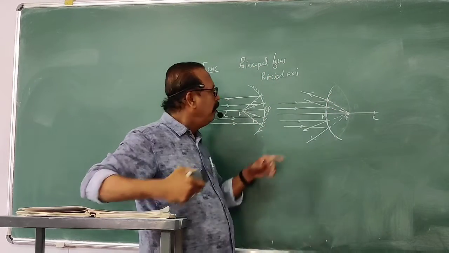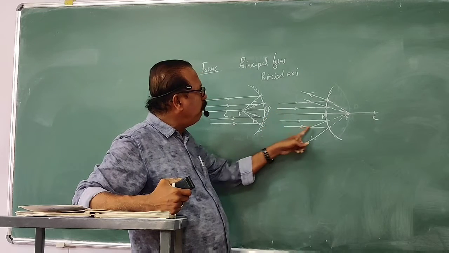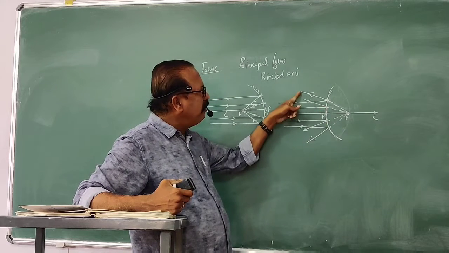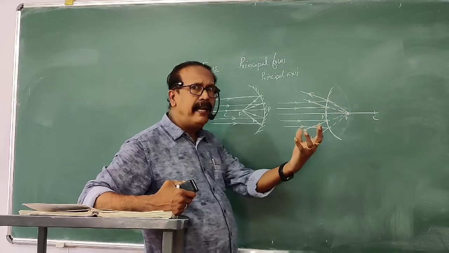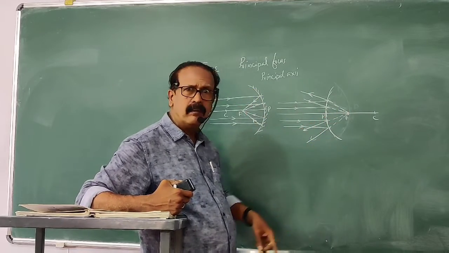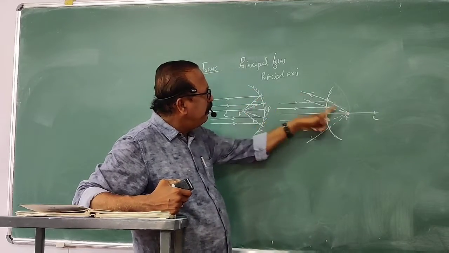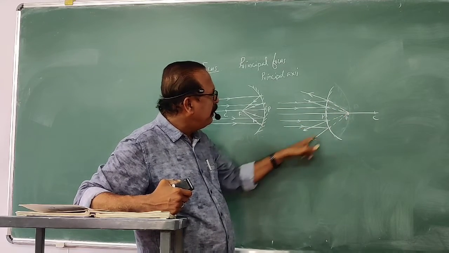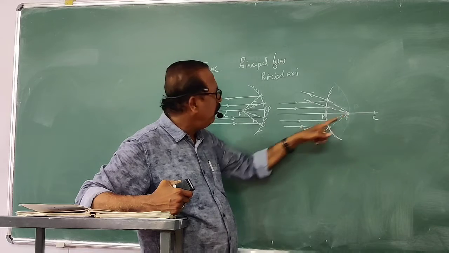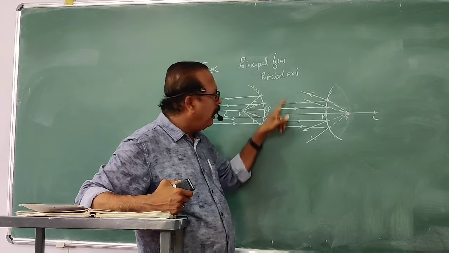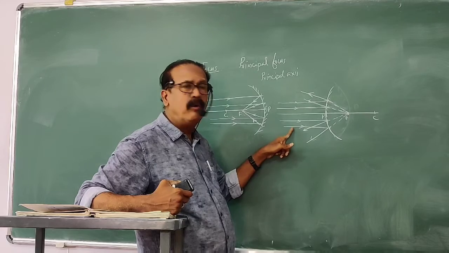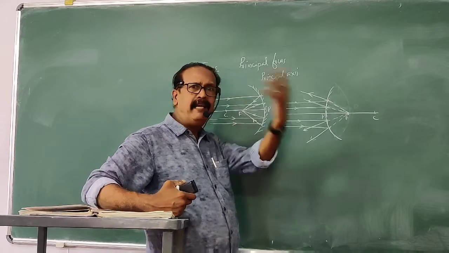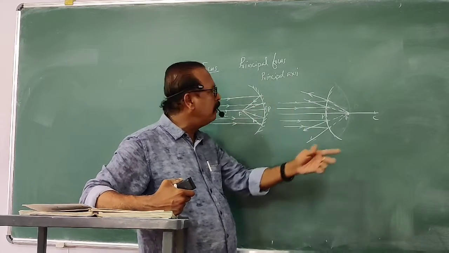You can see a narrow parallel beam of light close to the principal axis, after reflection, appears to diverge from the focus behind the mirror. If you are looking from here, you can see an image behind the mirror.